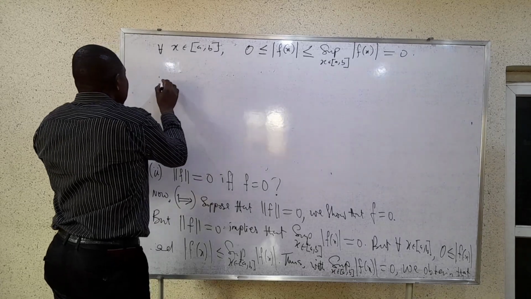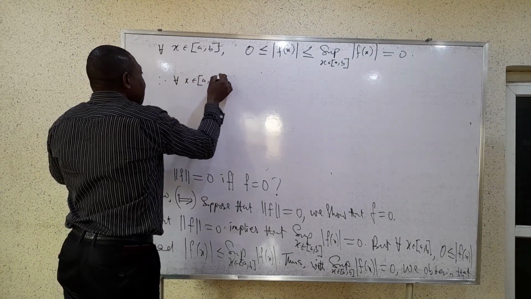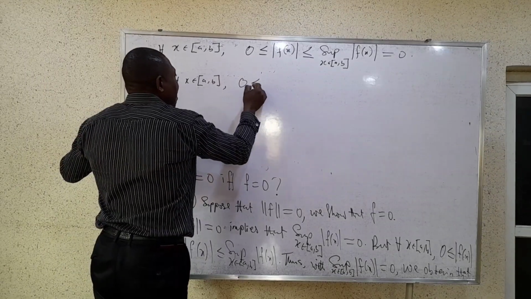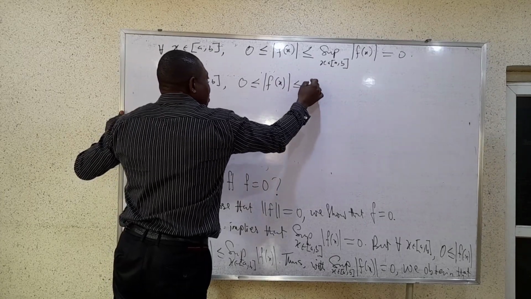This means therefore that for any x in [a,b], 0 is less than or equal to f of x in absolute value, less than or equal to 0.